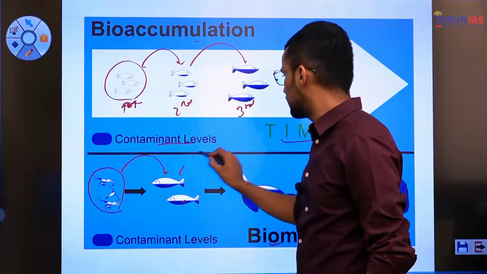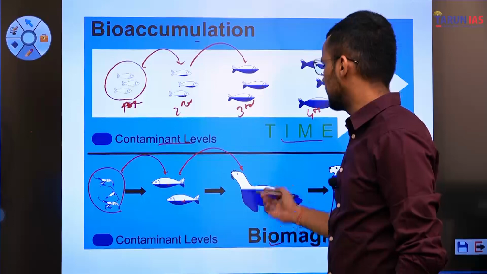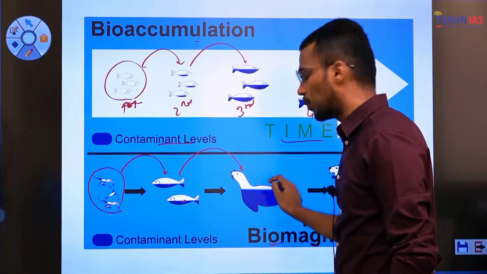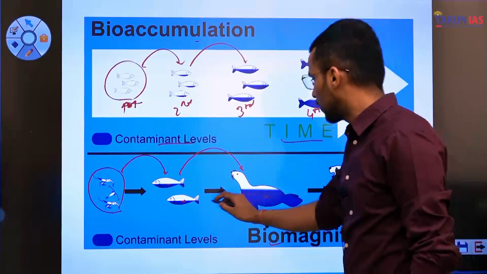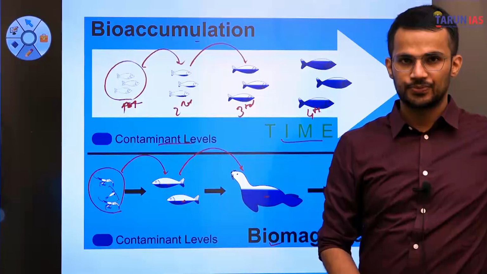Now, these fishes are being consumed by this, let's say this is a sea lion, right? So in the body of the sea lion, the concentration of contaminant has increased.